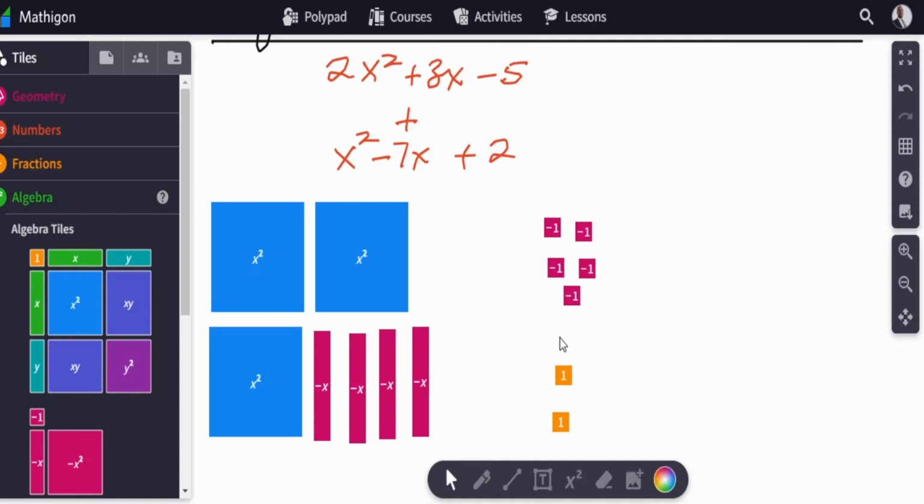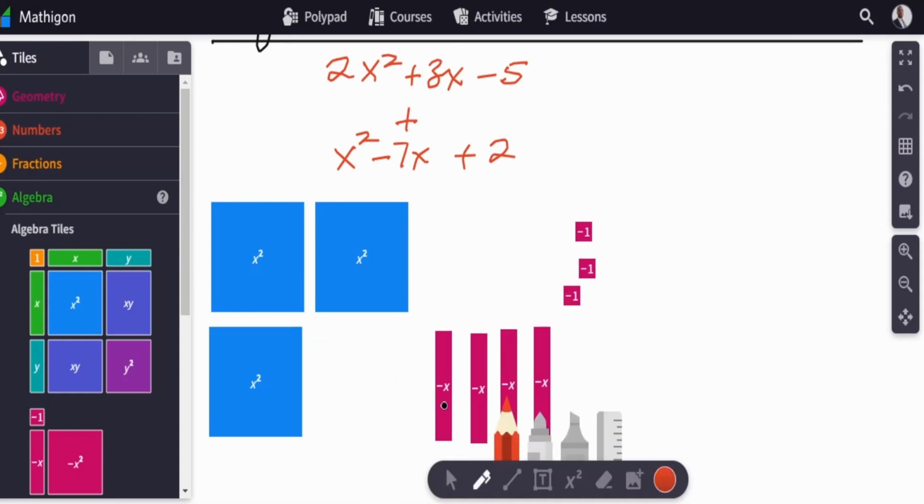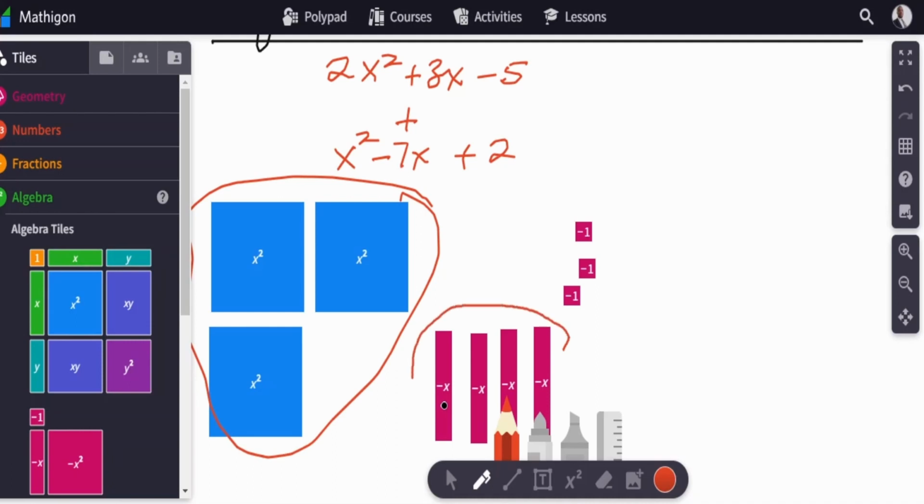And also these 2 will cancel 2 of the negative ones, and they also go away. I will now be left with 3x squared minus 4x minus 3 as our answer.